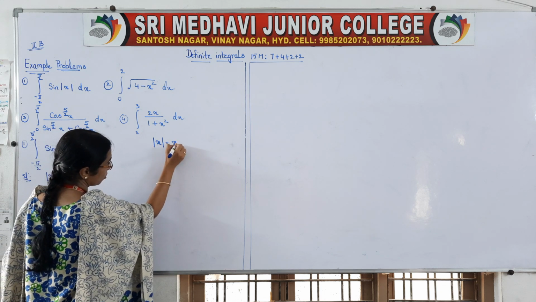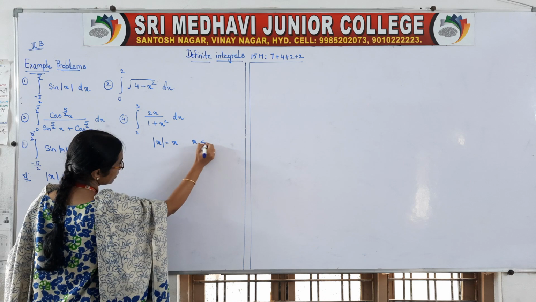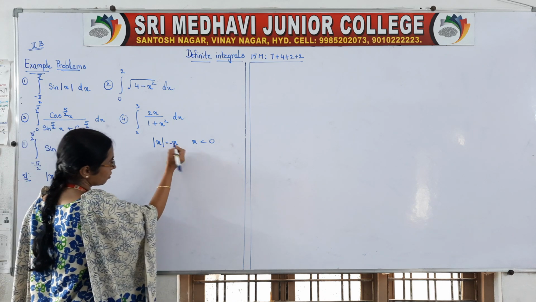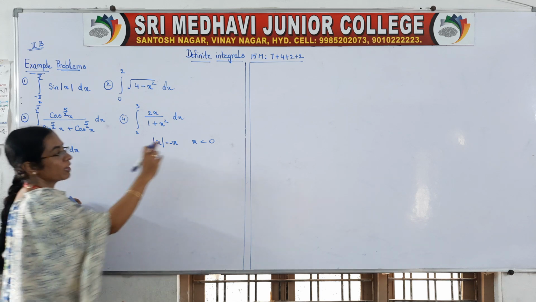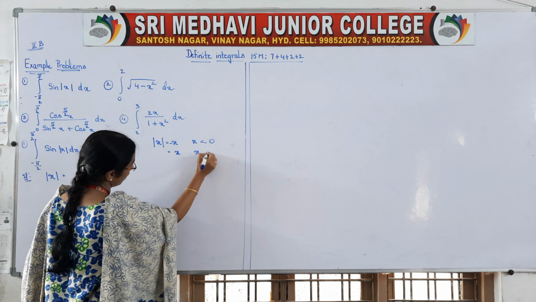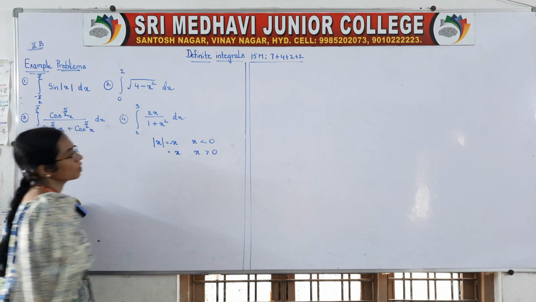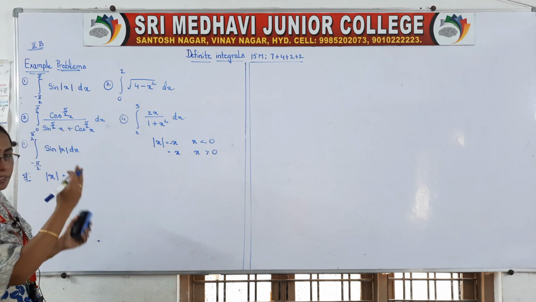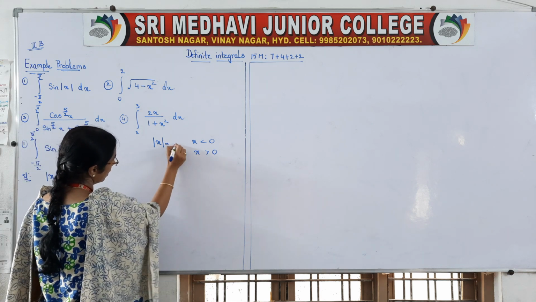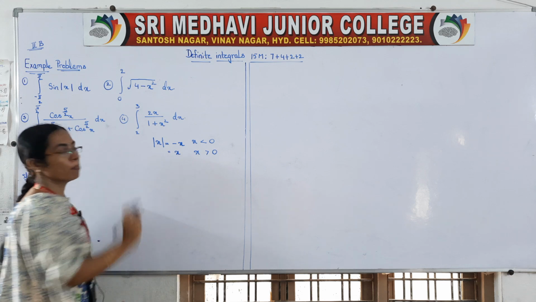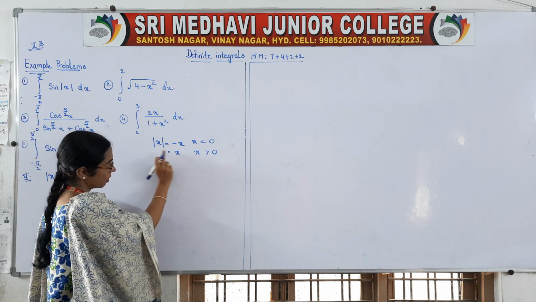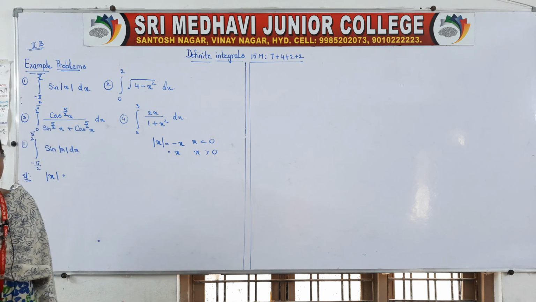Mod x is equal to minus x if x is less than 0, and is equal to x if x is greater than 0. So if x value is less than 0, your mod x is equal to minus x. If x value is greater than 0, then your mod x value is x.